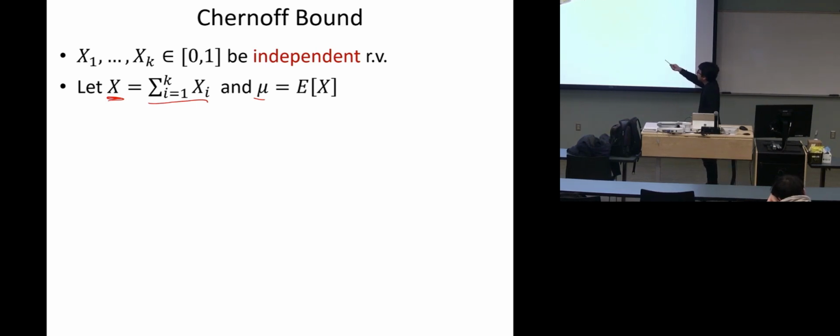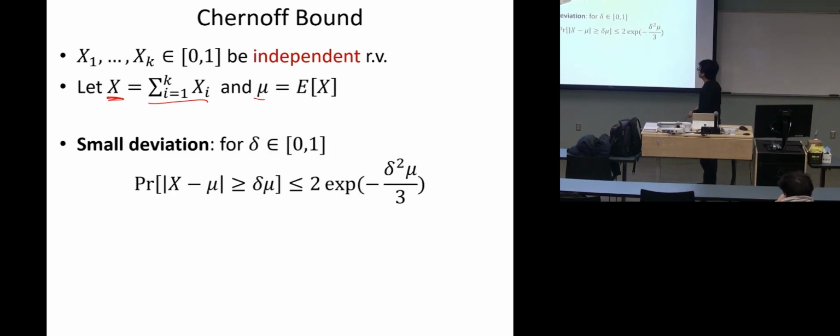When x is a sum of independent random variables, we have something super strong: the probability that x deviates from its expectation multiplicatively by a delta factor is exponentially small.